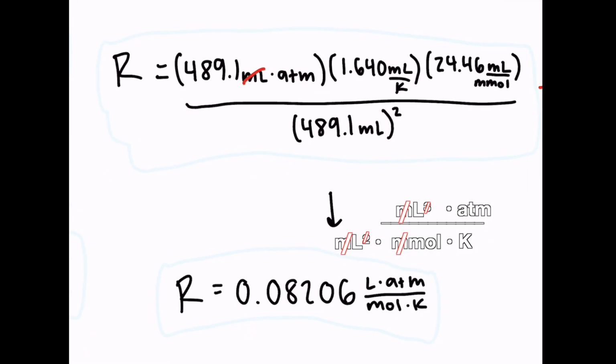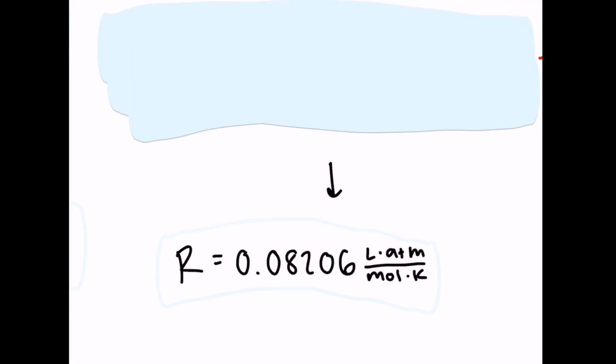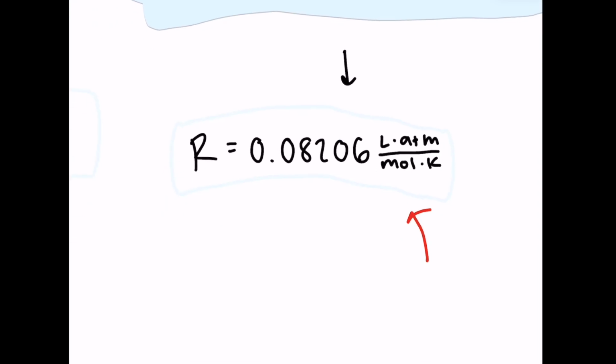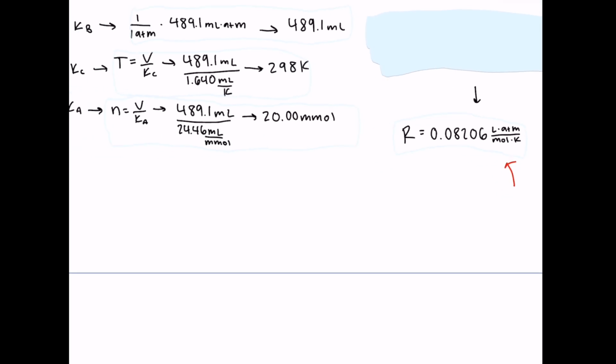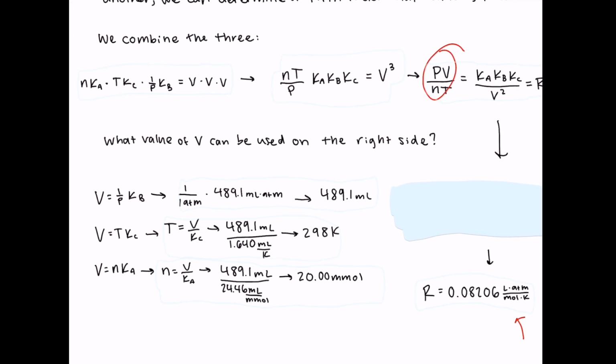And then the milliliter squared here will cancel out at the bottom. So we'll have liters times atms times moles Kelvin, and that's where we get the units for our ideal gas constant, at least one form of it, which is 0.08206 liters times atm per mole Kelvin. And we can use that to determine the relationship between all of these different factors in other examples.